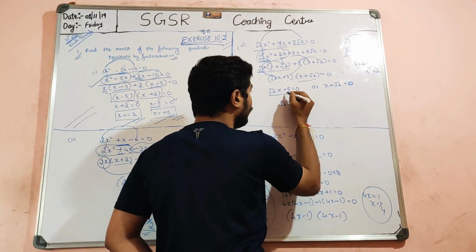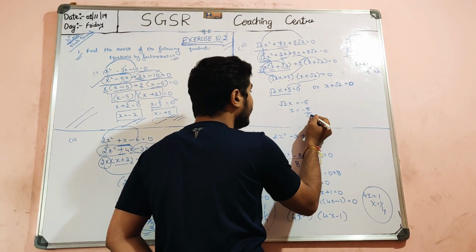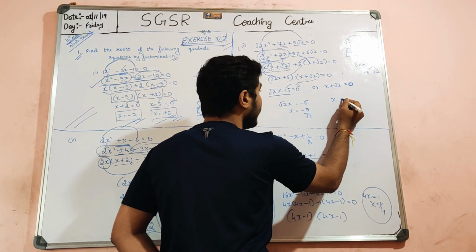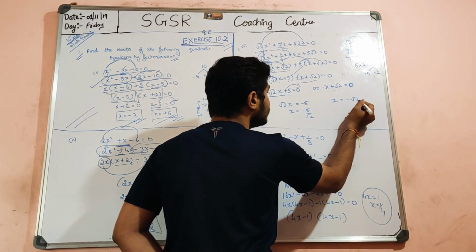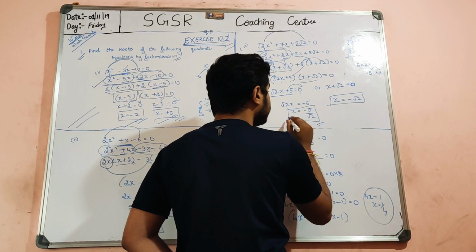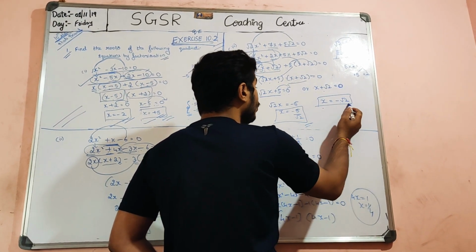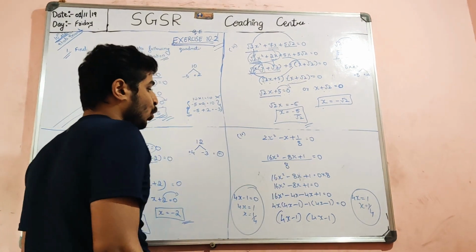So x is equal to, when you shift plus 5 here, minus 5 divided by root 2. Next, x is equal to minus root 2. So the two values are x is equal to minus 5 by root 2 and x is equal to minus root 2.